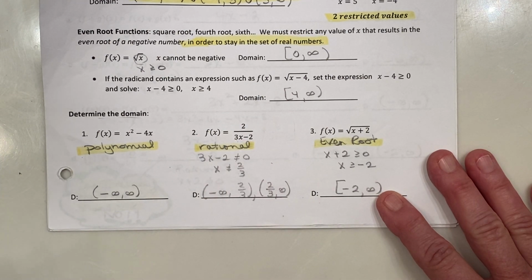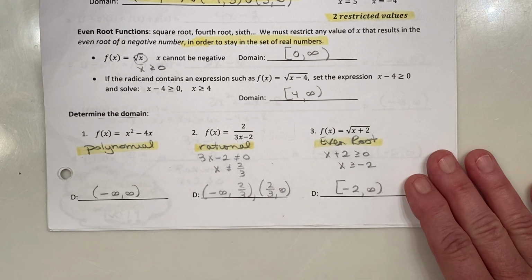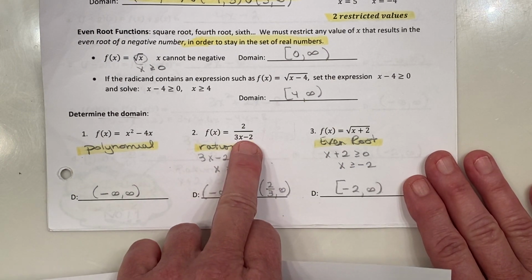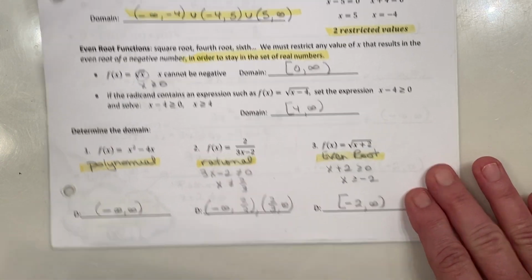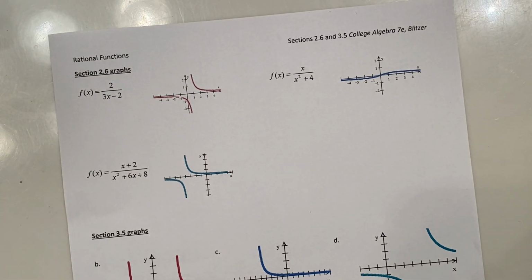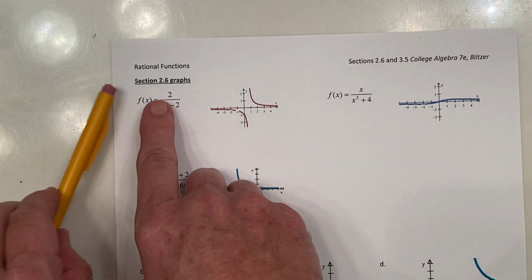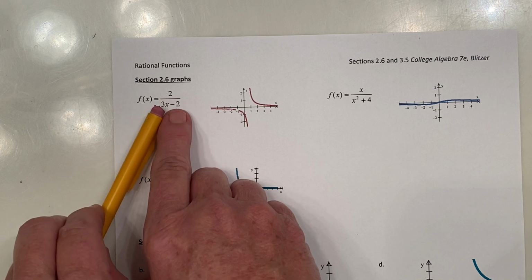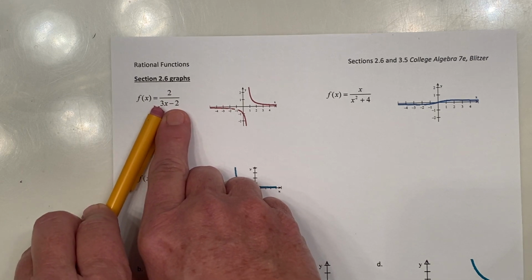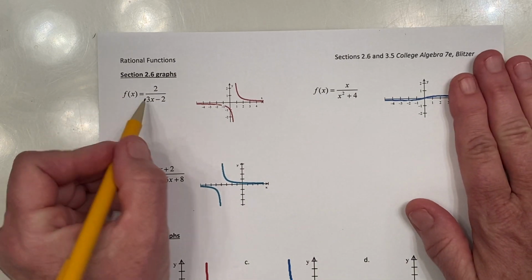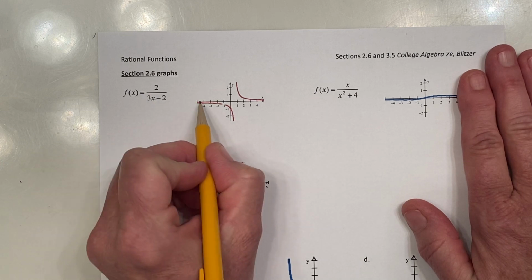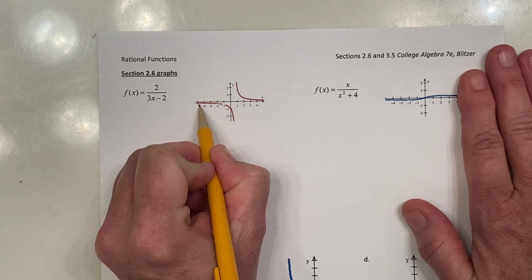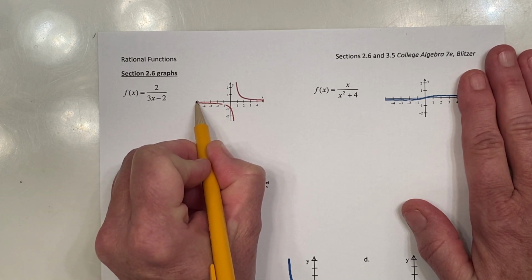But I think now that we're looking at graphs in this section, I want to bring in a graph of this rational function. So I've got this handout. And so right here, these are the graphs from section 2.6, and this is the one we were just talking about. So the graph of this rational function starts over here at negative infinity, right below the negative x-axis.